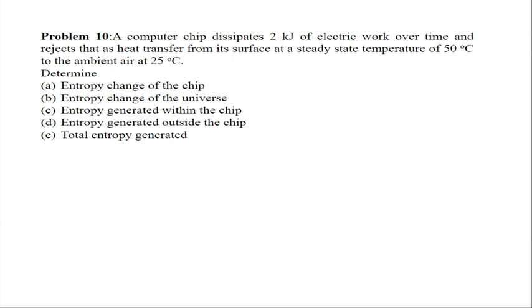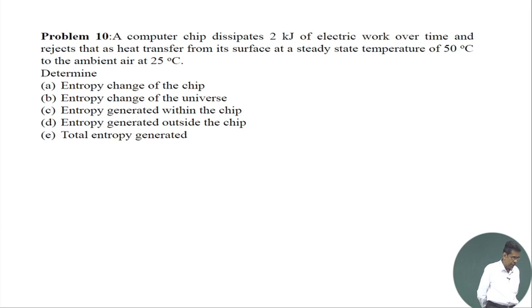over some time, and rejects that as heat transfer from its surface at a steady state temperature of 50 degrees Celsius to the ambient air at 25 degrees Celsius. Now, what do we have to find out?